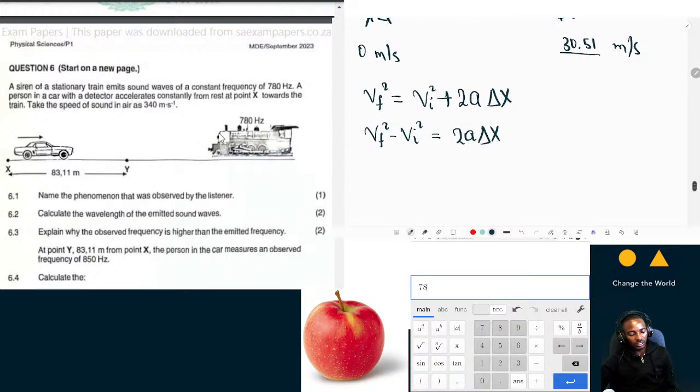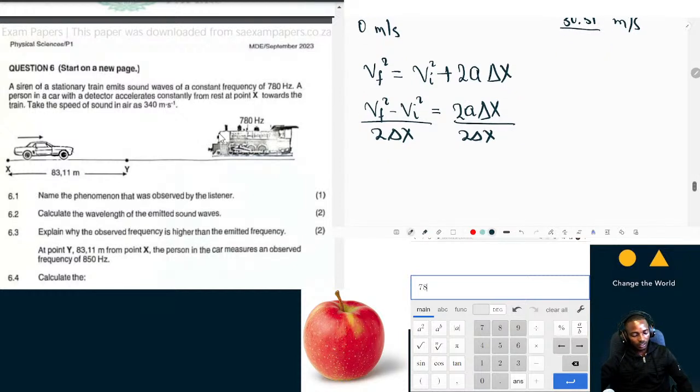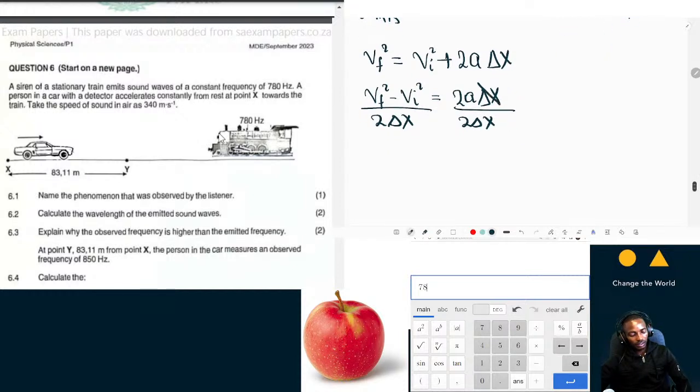So we want acceleration, so we can divide by 2 times delta x both sides. We're going to get our acceleration being equal to V final squared minus V initial squared over 2 times delta x.